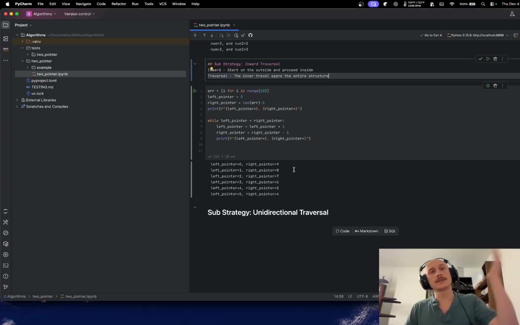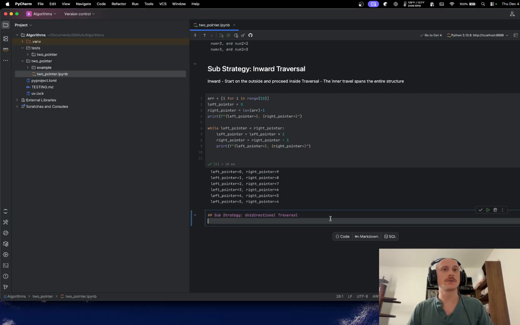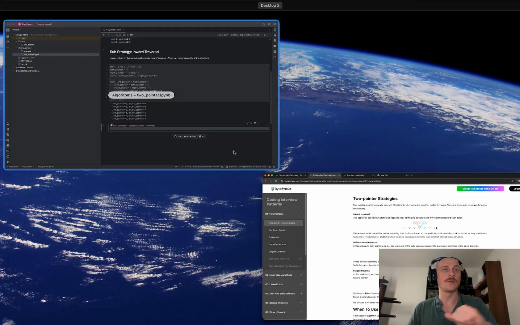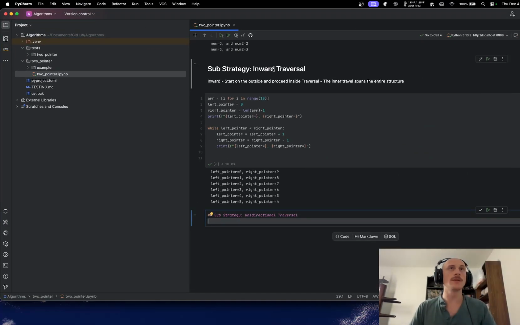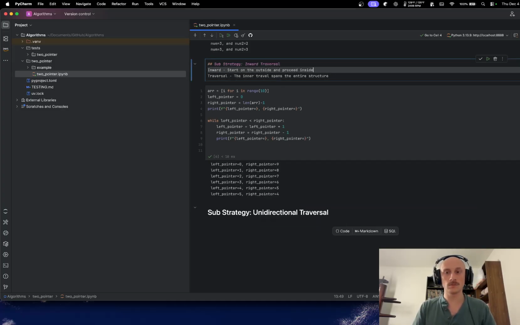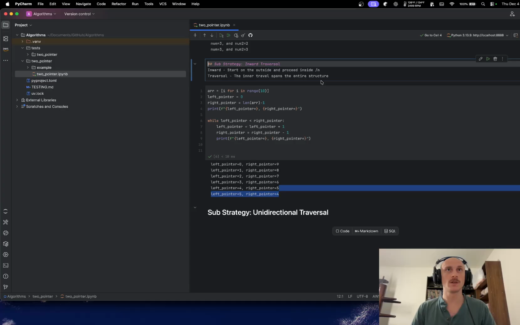Alrighty, and let us now move on to unidirectional traversal. As we did before, it's the moving of left to right. Let's break this down. We'll just do the old-fashioned second break.